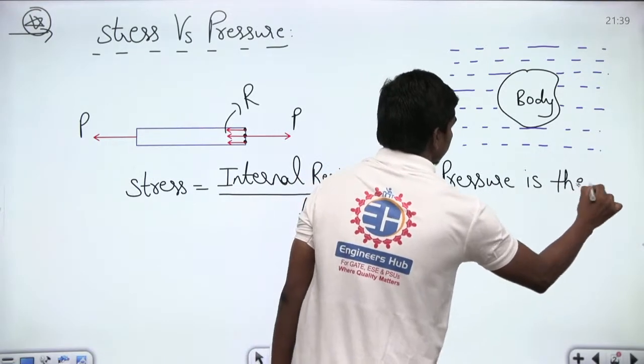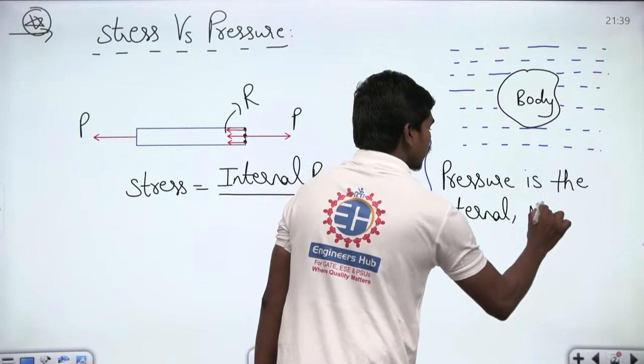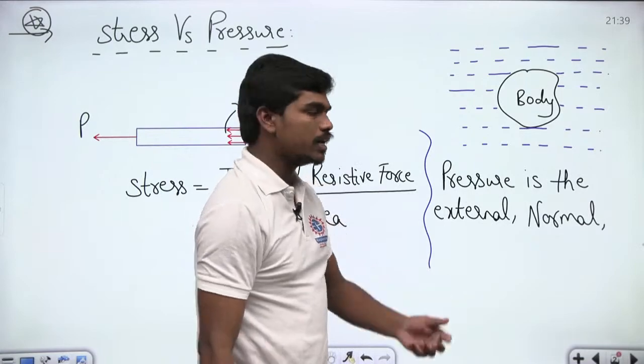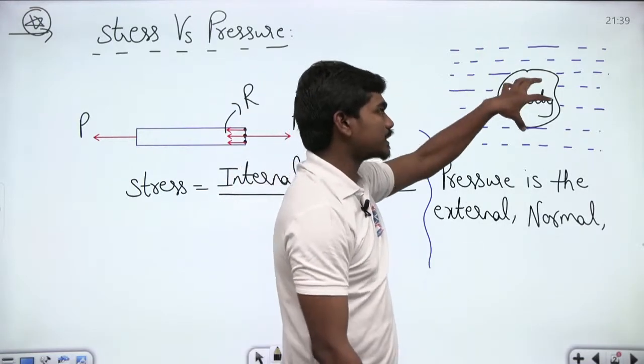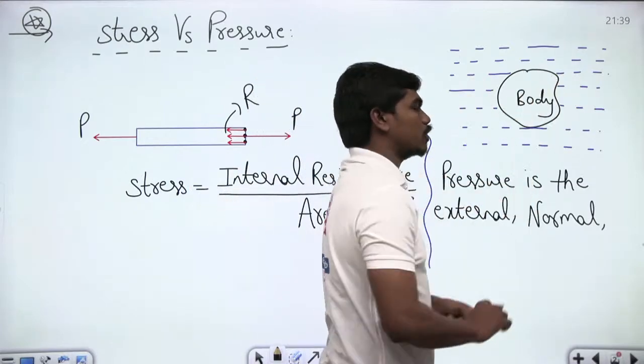So pressure is the external normal compressive force. Of course, when it's normal it can be compressive as well as tensile, but in pressure, whenever you place any body within some expanse of fluid, the force from this fluid acts on the body.